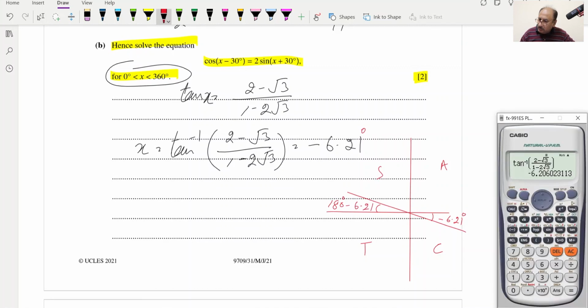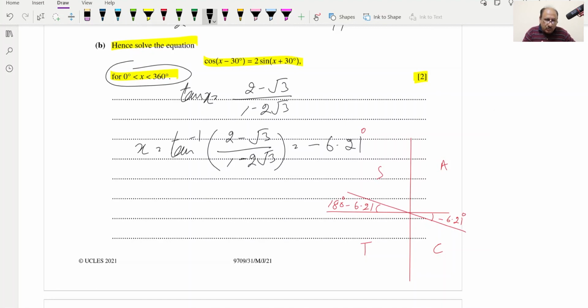So 180 minus 6.21 is equal to 173.8, so 173.8 degrees.